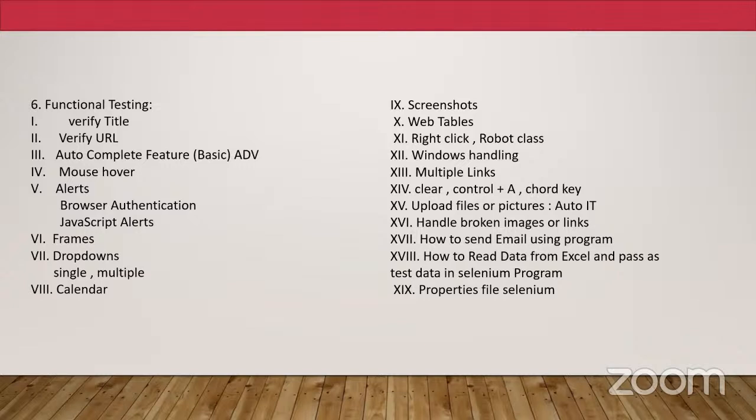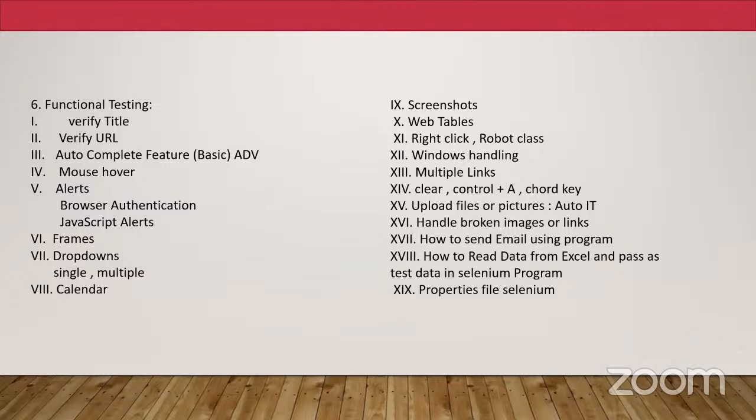Functional testing means if you give some valid data, how is the application behaving. If you are giving some invalid data, how is the application behaving. If you are clicking on a link, is it going to the correct page as it is expected to go there? All those things we have to test. That comes under functional testing.